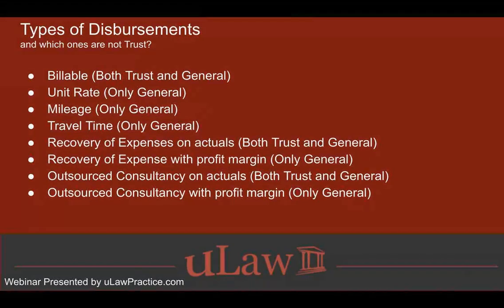Now, there are different types of disbursements, like I already mentioned, based on your area of practice, based on the way you might service, like you might have postage, courier, admin charges, some might have filing fee, server fee, and some might have consultancy, third-party consultancy fee.